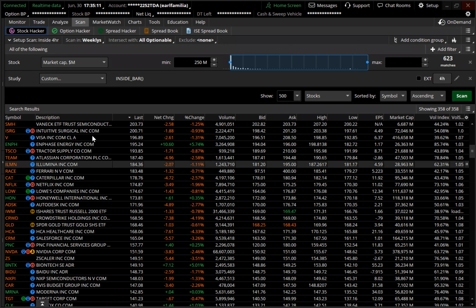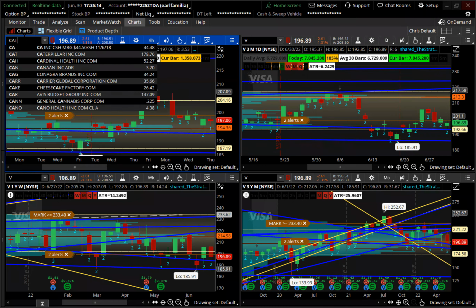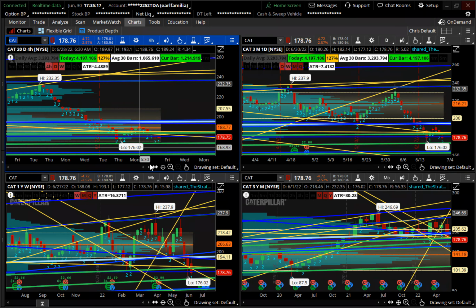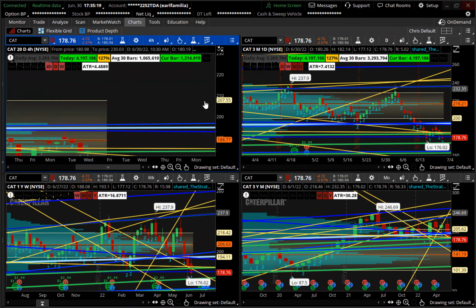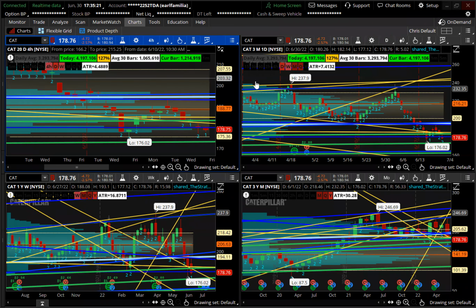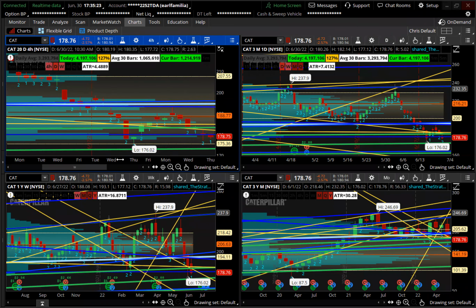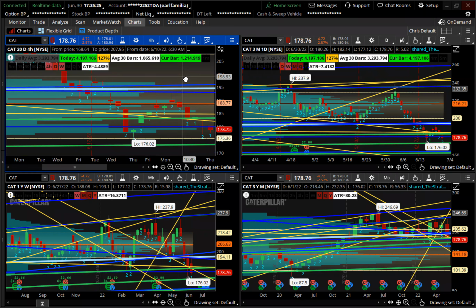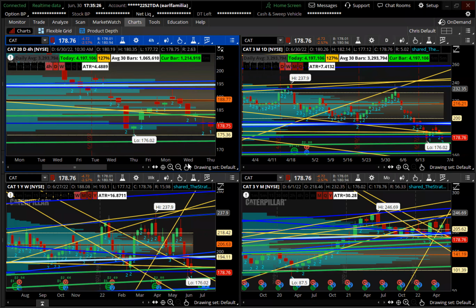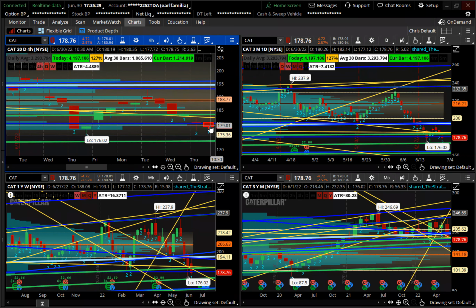All right, next one is Caterpillar. Caterpillar is one that moves really well for 0 days, but sometimes you can't find the setup. Now this one here is giving us a 212 to the downside below 177.72.